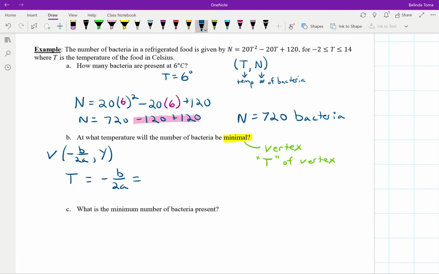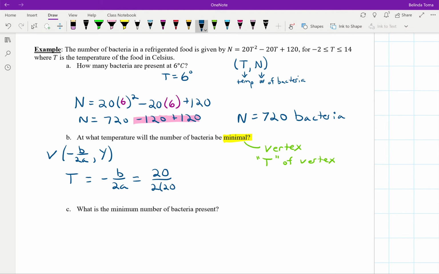The B term is -20. So that means that we're going to use the opposite of that, which is +20, over 2 times the A term, and the A term is also 20.